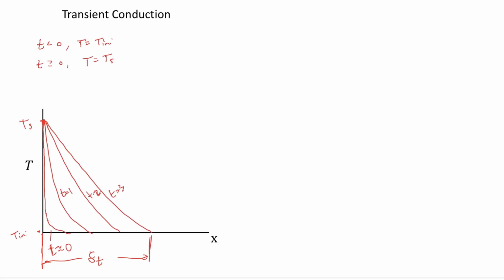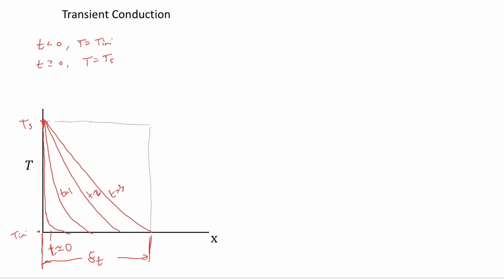So if we want to do that, let's take this control volume here. Whatever the width of this thermal wave is, let's make that our control volume for this surface. Let's come up with a model of conduction in this control volume.